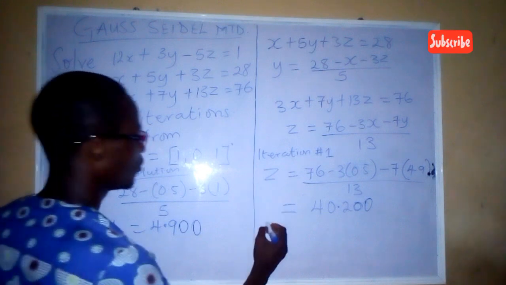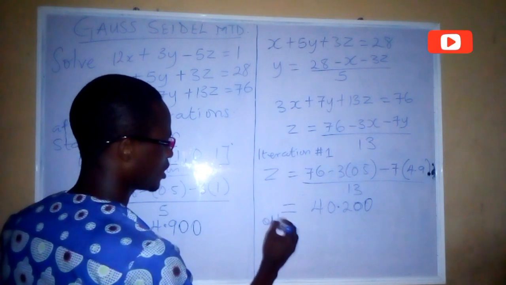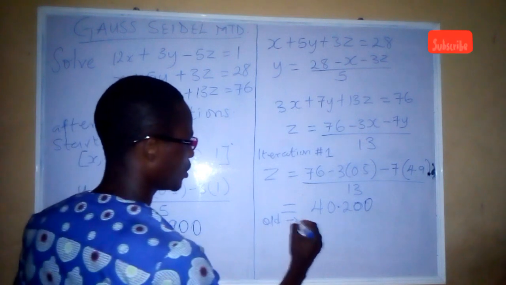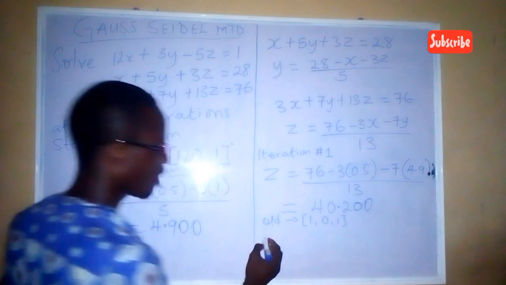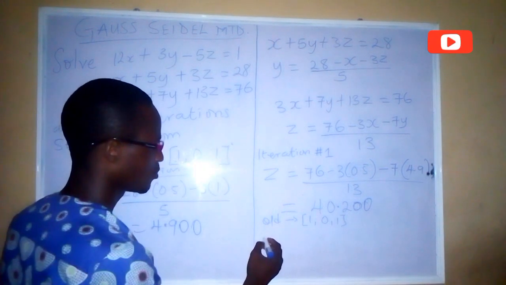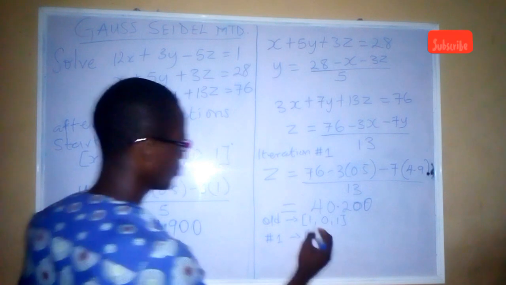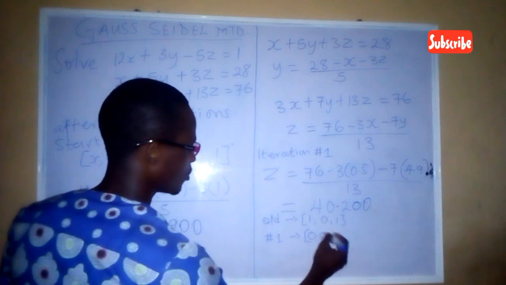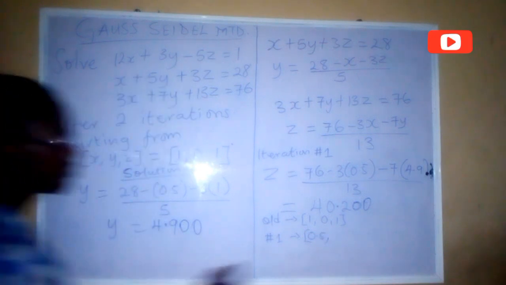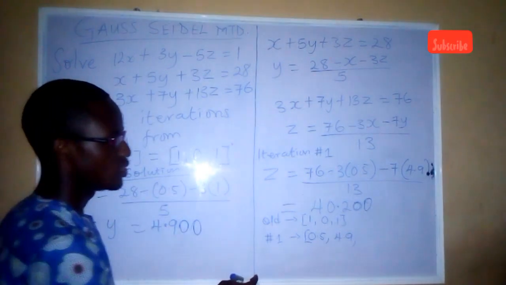Don't forget the assumed value, or the old value, is 101. Now after the first iteration, we got x to be 0.5, and we got y to be 4.9, and we got z to be what?